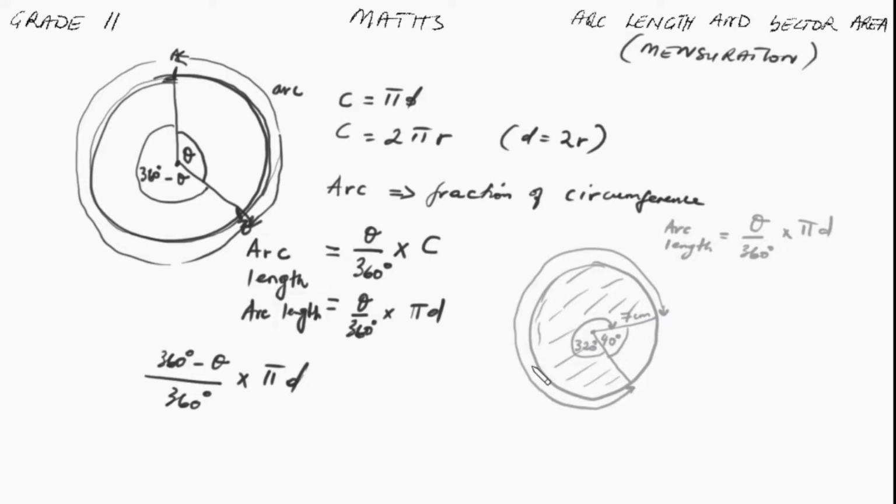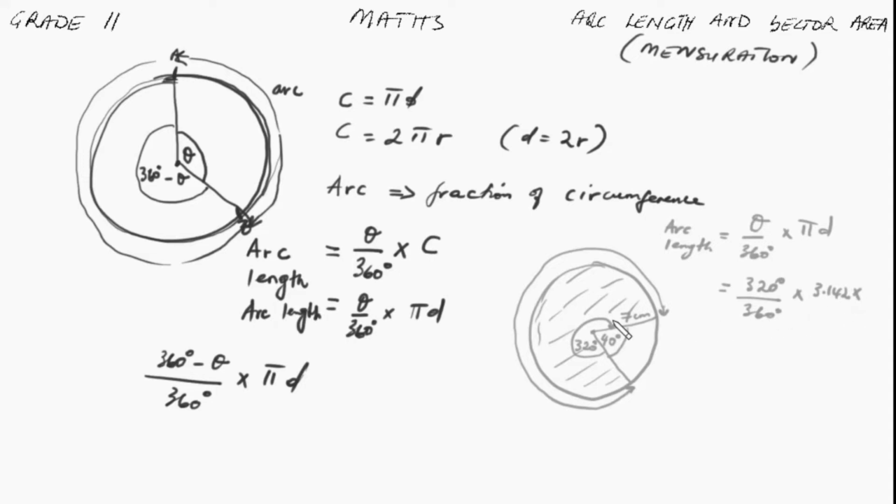Now, if you substitute, you are going to have this angle, which is 320 degrees over 360 degrees times pi times diameter.